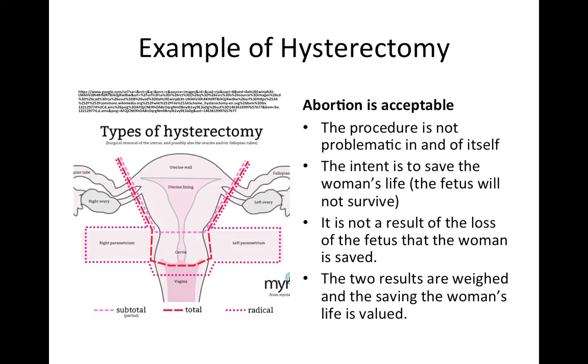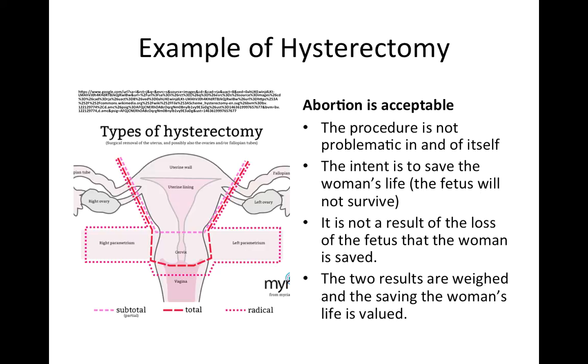Okay, if we go through the principle of double effect, the procedure, the hysterectomy, is not in and of itself morally problematic. The intent is to save the woman's life. We could also note that, if the cancer were to continue, the fetus would not survive. It is not a result of the loss of the fetus that the woman is saved.